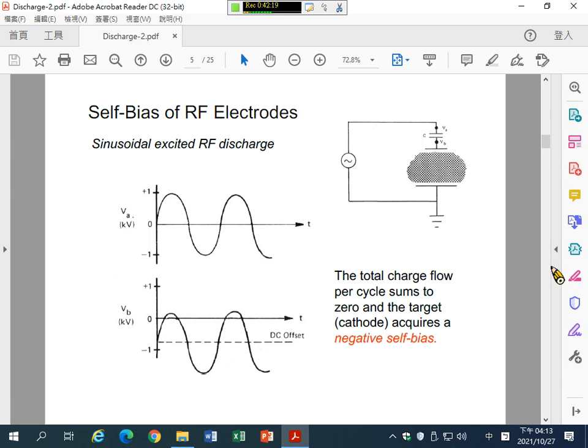Later on we can see the equation. You can use sine omega t to represent the output waveform of the RF power.